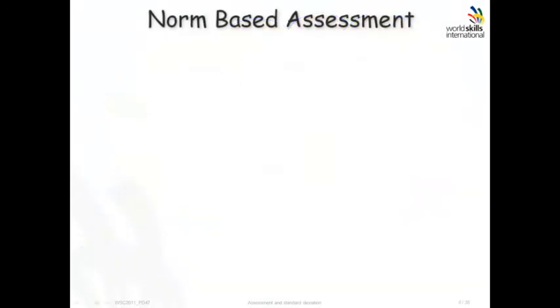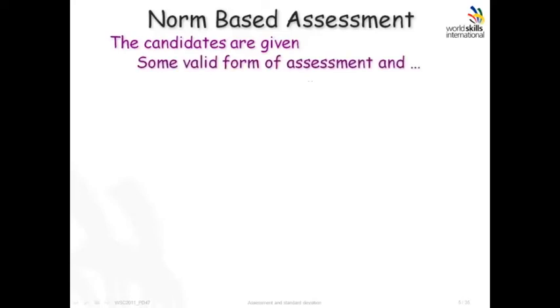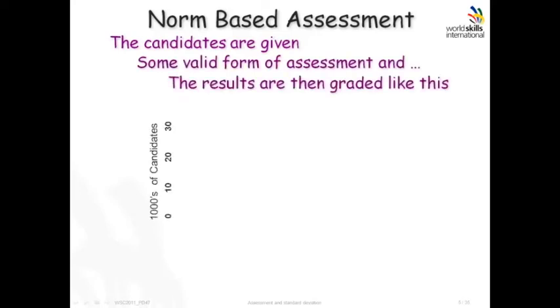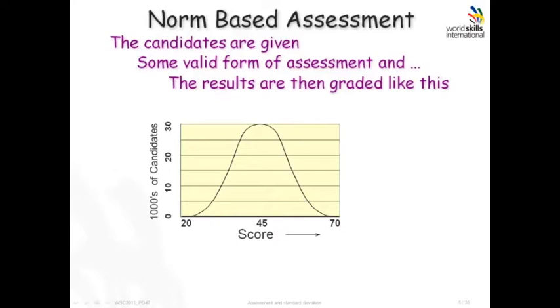Let's consider norm-based assessment first. In norm-based assessment, candidates are given some valid form of assessment, and the results are then graded like this. We plot the number of candidates on the y-axis and the score, whatever it may be, along the x-axis. Then we select the candidate results.